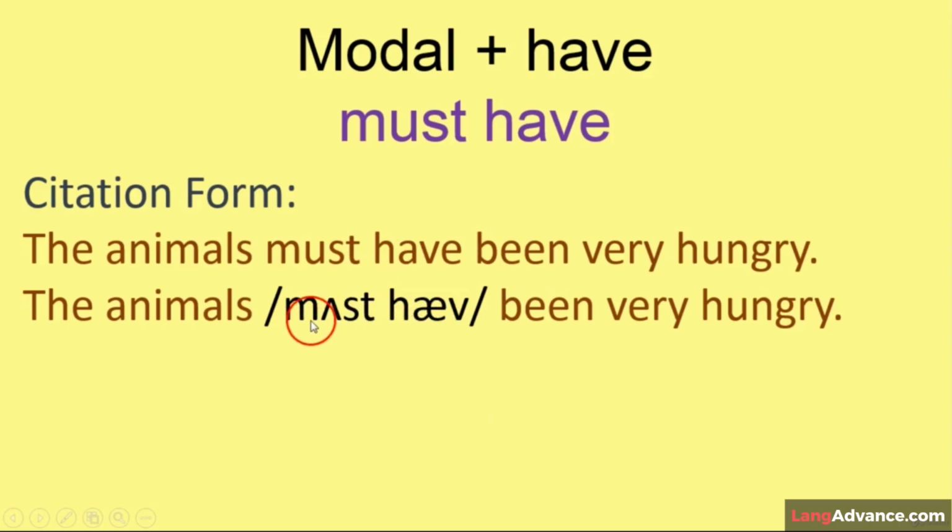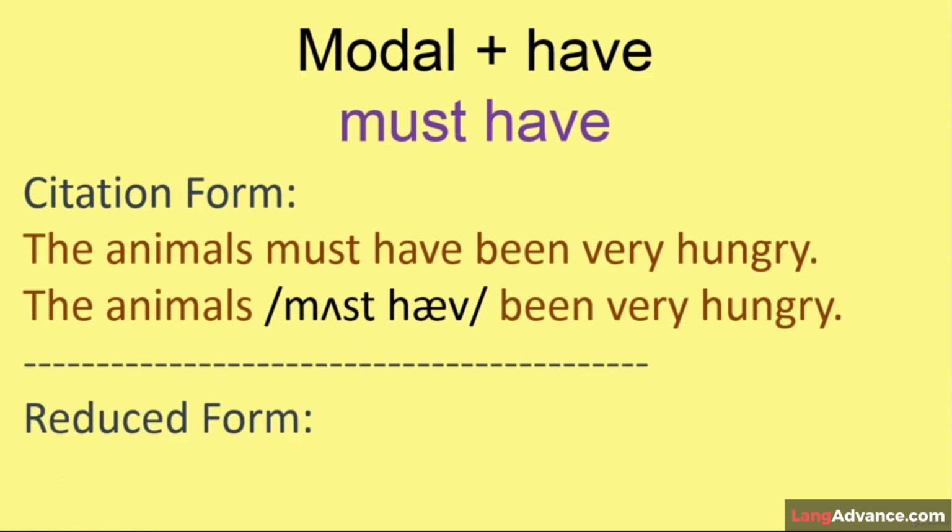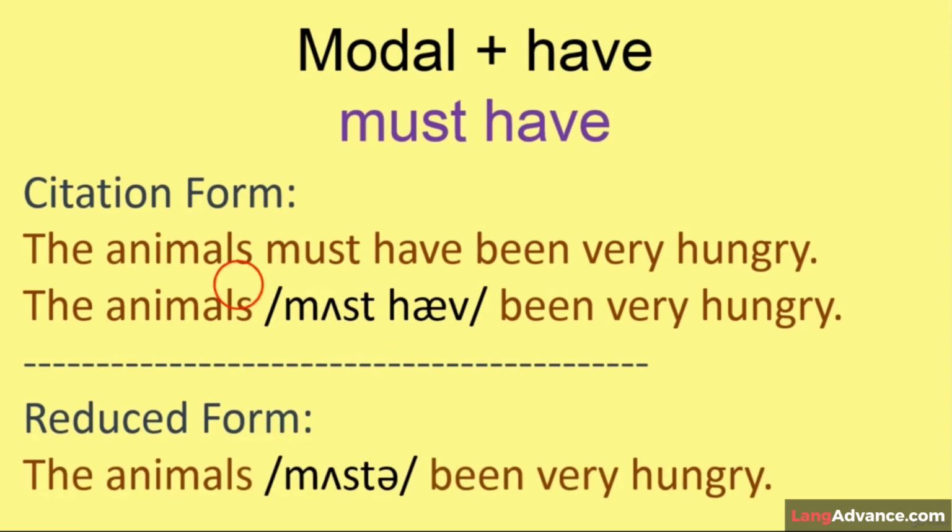Must have in IPA looks like this. The upside down V is pronounced uh, and so we say must have, must have. However, in reduced form, must have becomes musta.